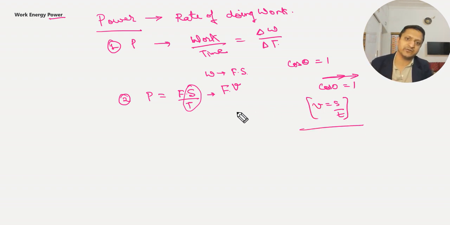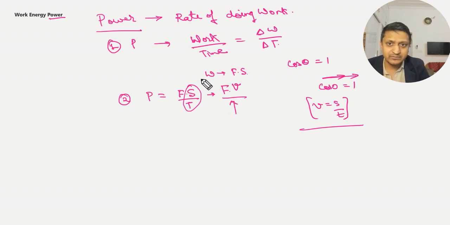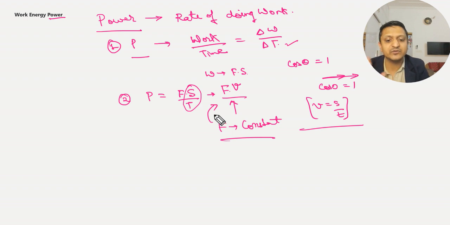So in many questions, you have to use this formula: power equals F into v, where F is constant. Only if F is constant can you use this; otherwise, you can't use this formula.